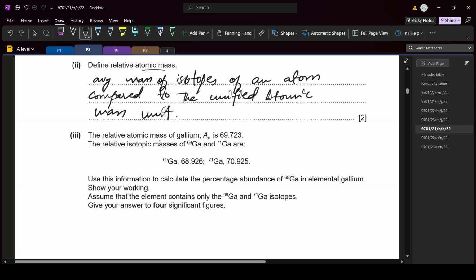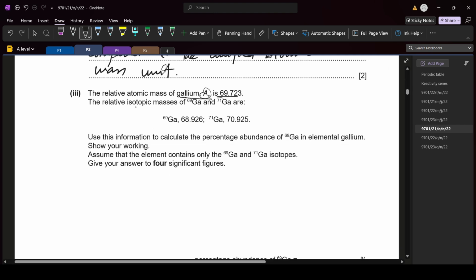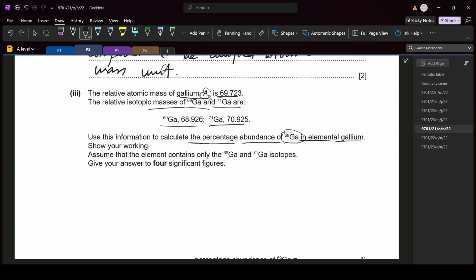Part 3. The relative atomic mass of gallium, Ar, is 69.723. The relative isotopic masses of gallium 69 and gallium 71 are these. Use this information to calculate the percentage abundance of gallium 69 in elemental gallium. Assume that the element contains only these two isotopes.